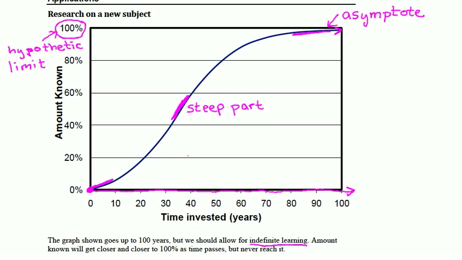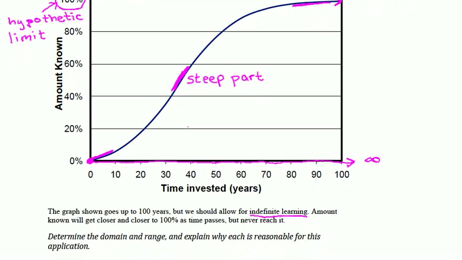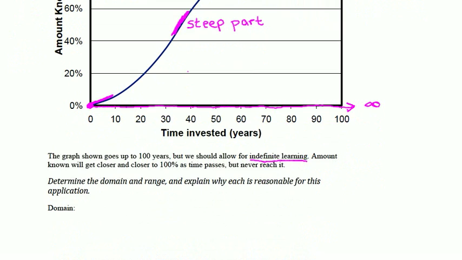It keeps going to infinity. So the first thing that we could note is that our domain is from 0 to infinity. Or we could say simply the set of all x such that x is greater than or equal to 0.